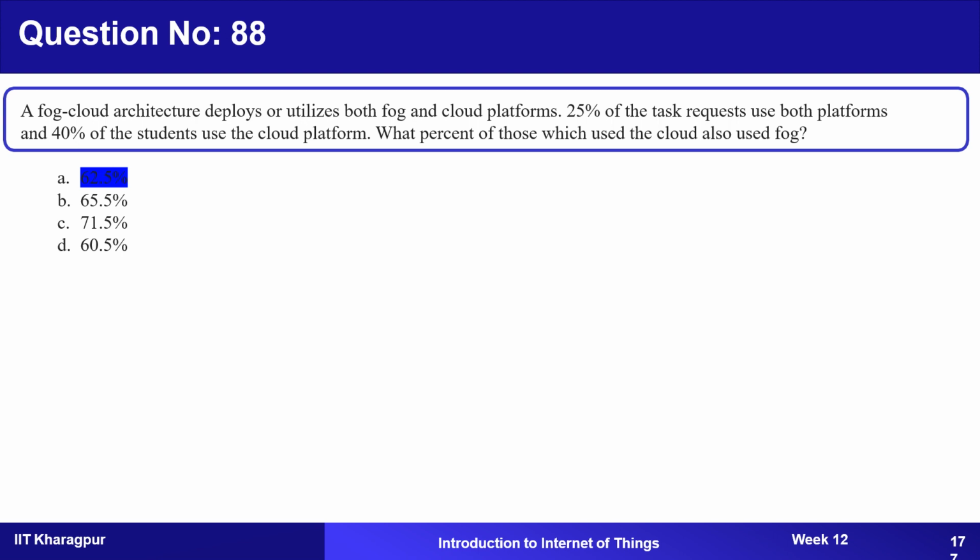If you take C union F as 25, and the intersection, 40% of 25 is the user of cloud.